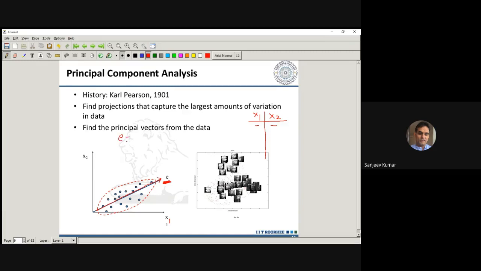So this E will be something like w1 x1 plus w2 x2. So what you need to find is the direction of this line, given by the vector w1, w2. Once I get this line, I can project these points onto this line.